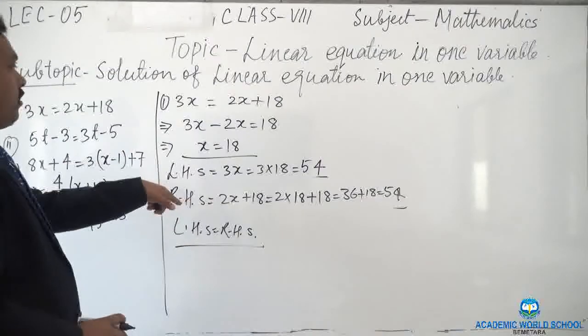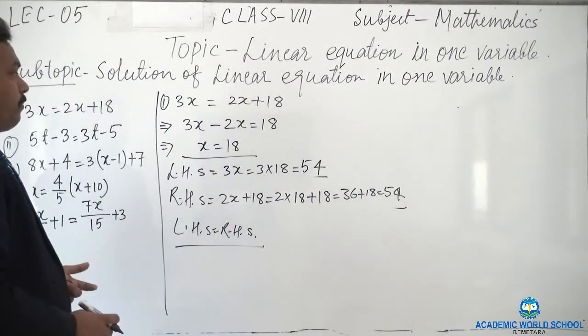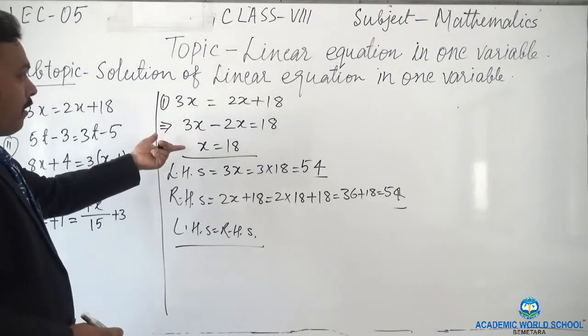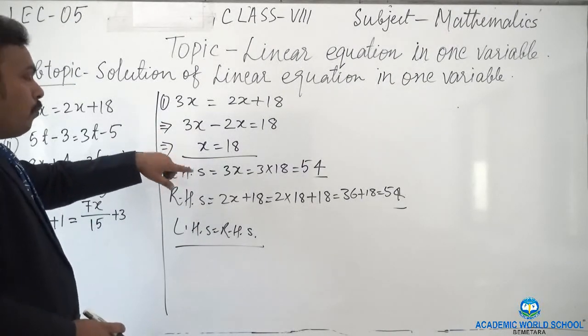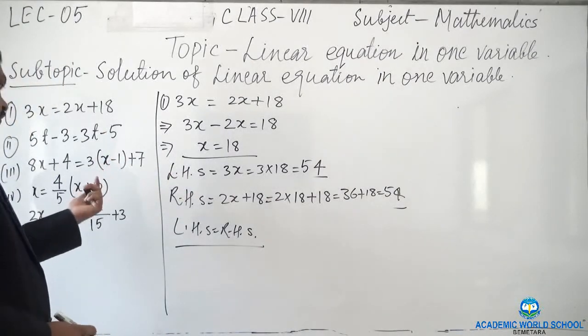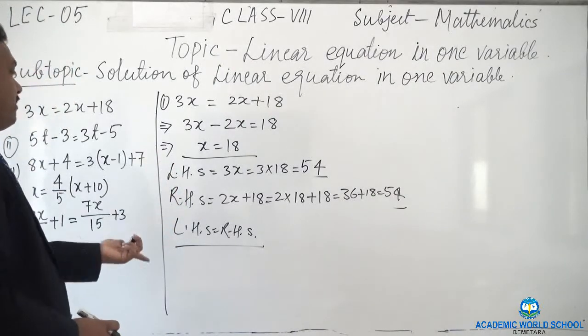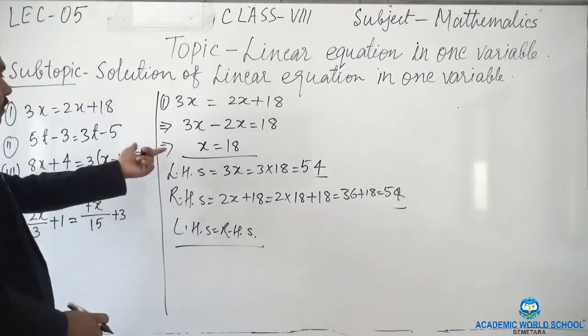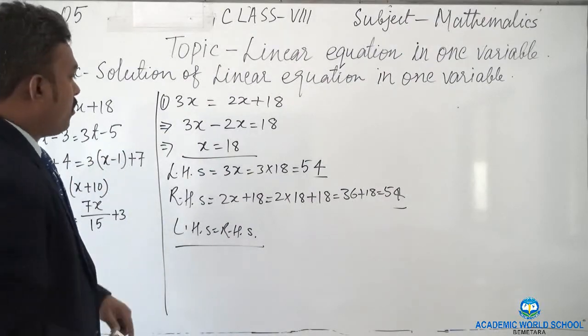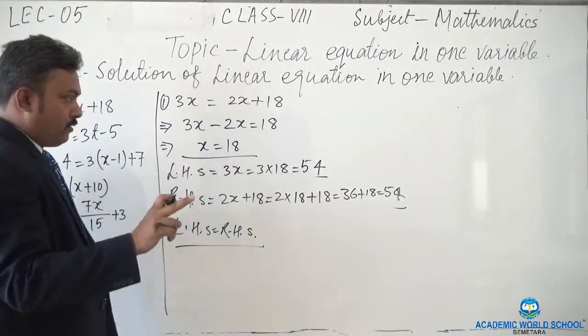Now see that we did not use the first step here because it's already in the simplified form. We used the second step, in which we move the variable and the constant from one side to another side using the addition and subtraction property. We did not even use the third step because with the variable there is no constant associated.